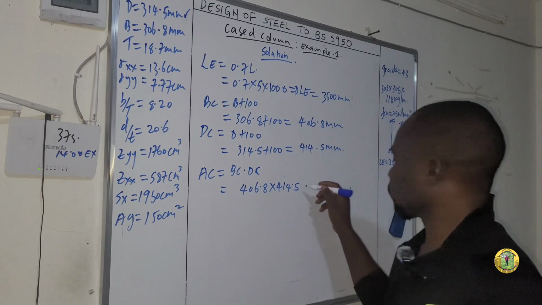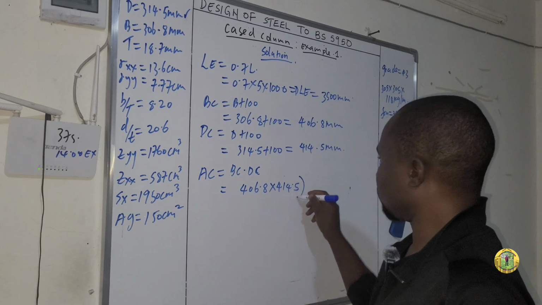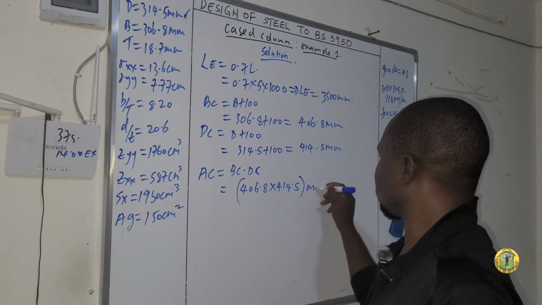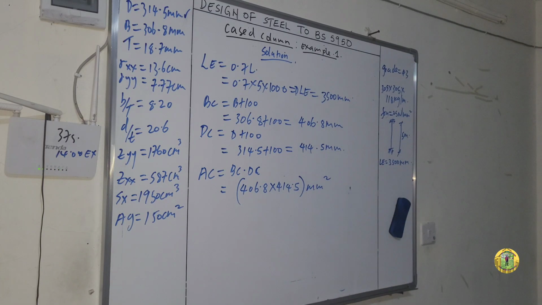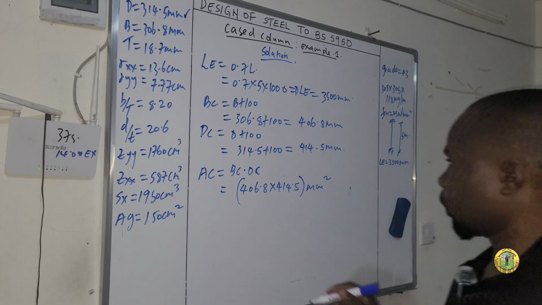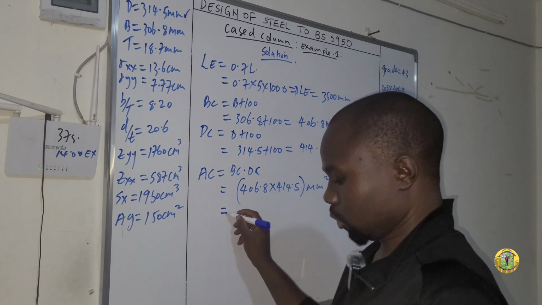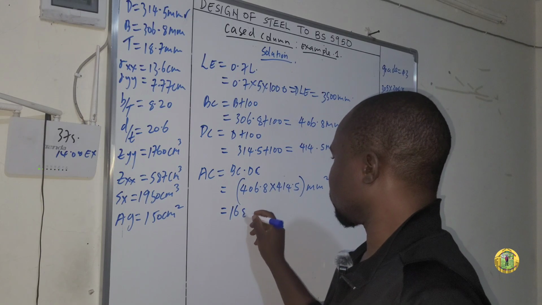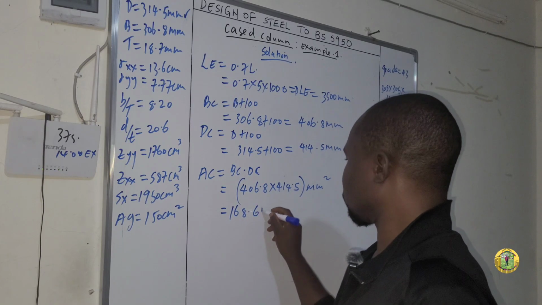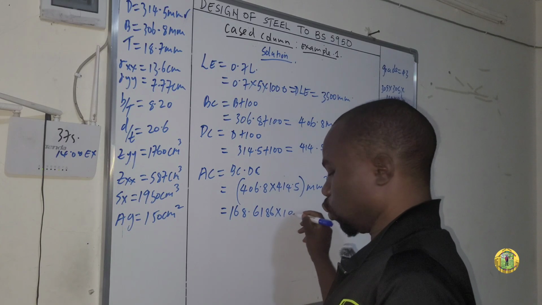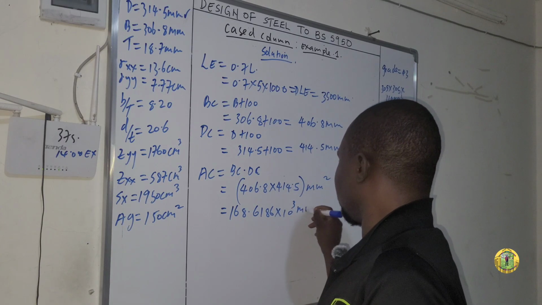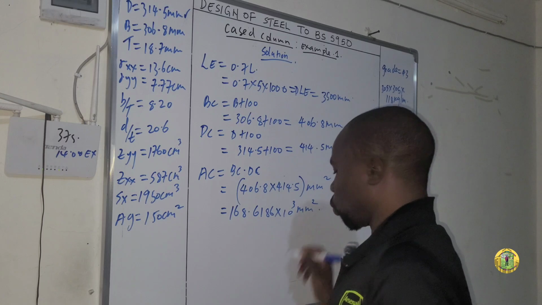This is in millimeter square, because this is millimeter and this is millimeter. If you multiply, you will get AC equal to 168.6186 times 10 to the power of 3 millimeter square.